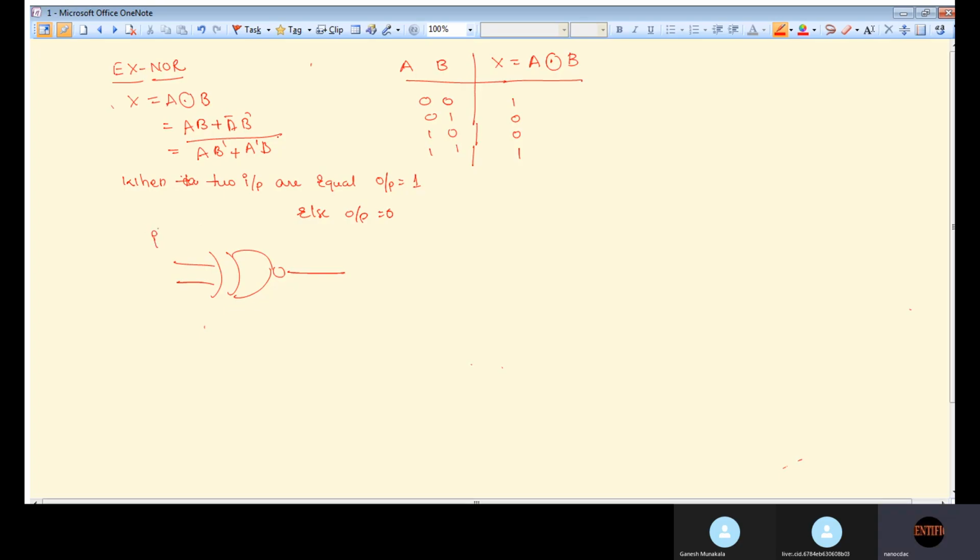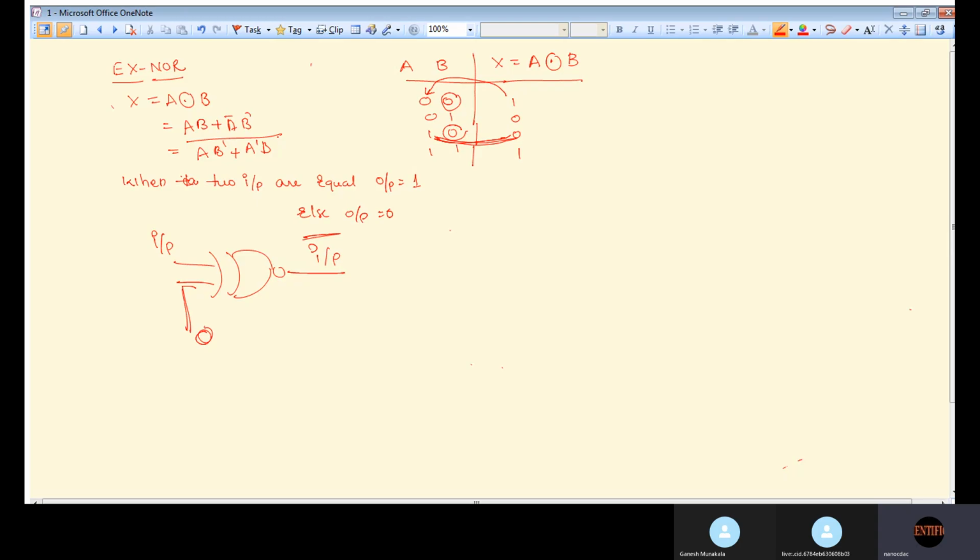If I am giving an input, how can I make this an inverter, so that I get input bar here? What constant value do I need to give to the second input, what logic should I put at the second input, to make it work as an inverter, so that the output is nothing but the inverse of this input? If we put 0 there, the output is given. You understood this logic from the truth table, right? So we are fixing the logic for the second input. So if we put it at 0, it will act like an XNOR gate.